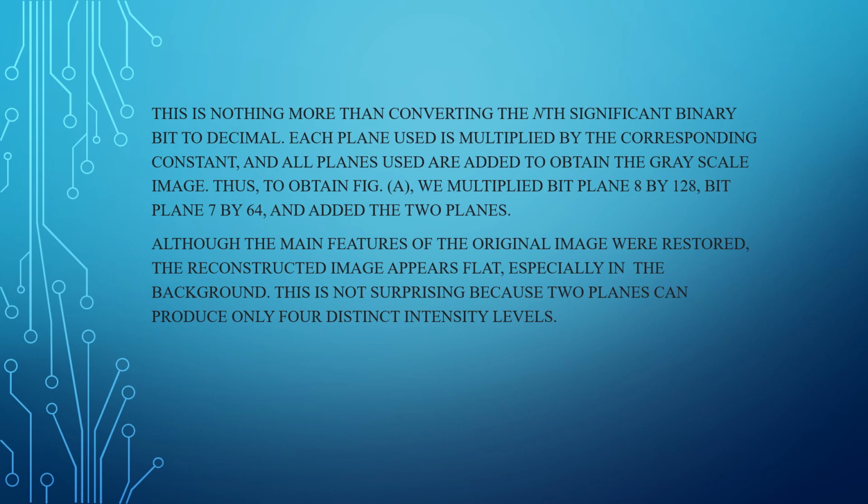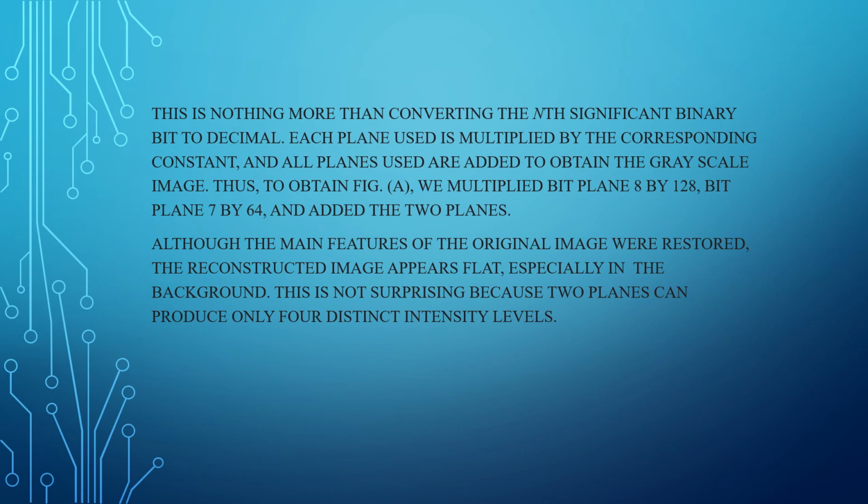Each plane used is multiplied by the corresponding constant, and all planes used are added to obtain the grayscale image. Thus, to obtain figure A, we multiplied bit plane 8 by 128, bit plane 7 by 64, and added the two planes.